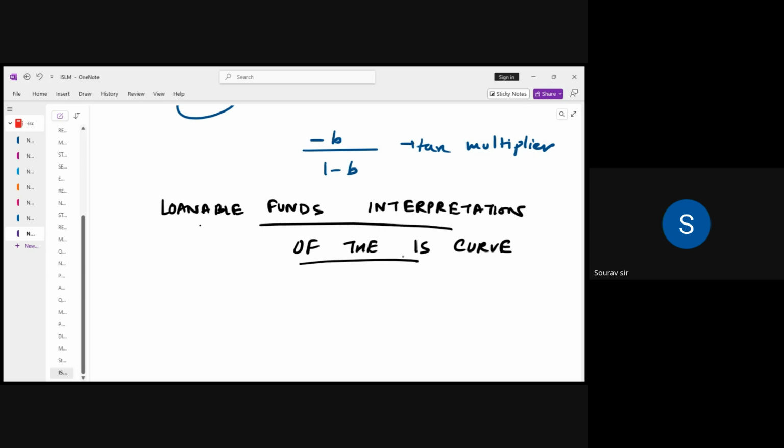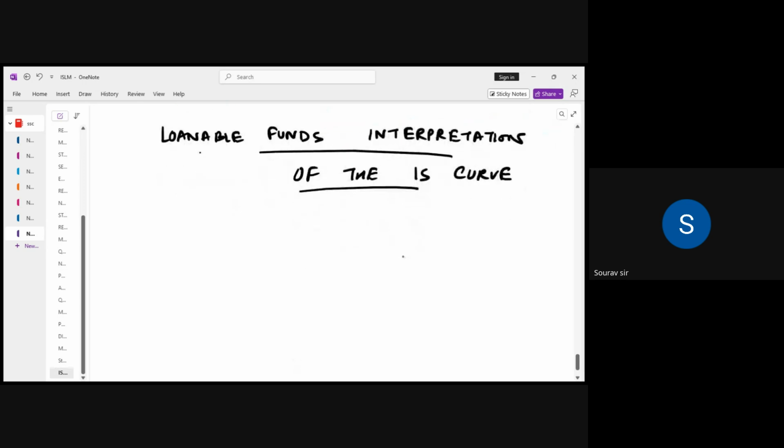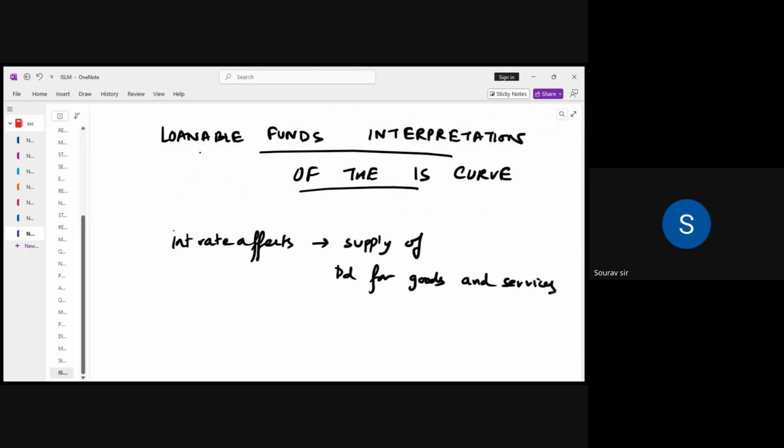It is possible to suggest an alternative interpretation of the IS curve by referring to the dual role of the rate of interest in the circular flow of money. That is, the interest rate affects the supply of and demand for goods and services, and it also affects the supply of and demand for loanable funds.